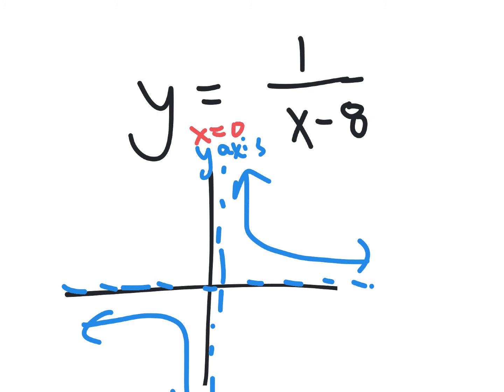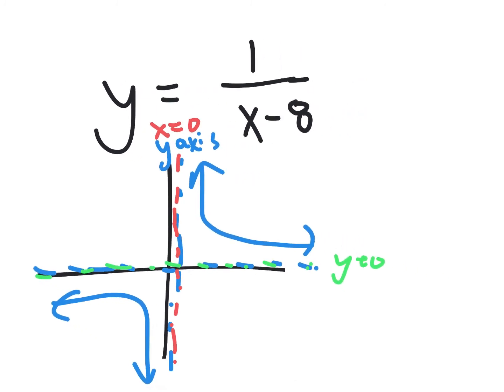The one that runs, I'll make it red, vertically here, that's x equals 0. The other one, this one here, that's y equals 0 because it's on the x-axis. The x-axis is where y equals 0, and the y-axis is where x equals 0. Kind of like opposite day.